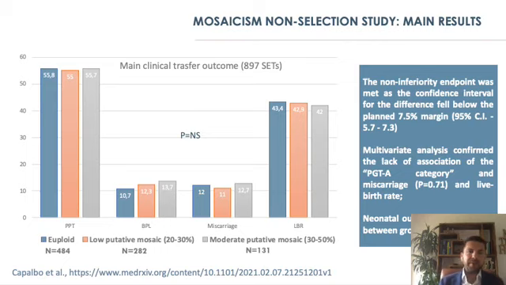In particular, they show similar positive pregnancy test, biochemical pregnancy loss, and miscarriage rates, and in the end the same live birth rate, with the non-inferiority endpoint met as expected. The logistic regression model did not find any association between the PGT category and the main outcome measure, and the neonatal outcomes were similar between the 3 groups.